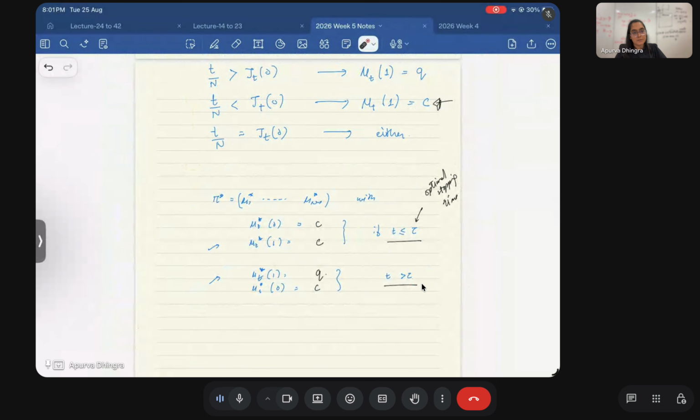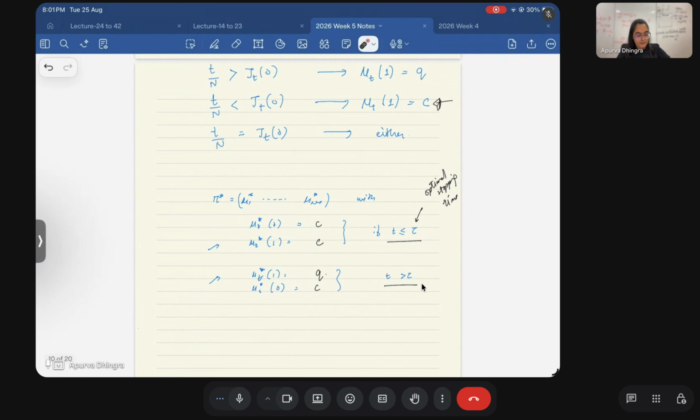We did not prove it, but it was proven in class that this is the best policy: up till you reach an optimal stopping point, it's better to just continue. Once you reach the stopping point, give the offer when you find the best candidate so far. If you're not finding the best candidate so far, no matter what time it is, you should not stop. That's what the policy is, and it's a very simple policy.